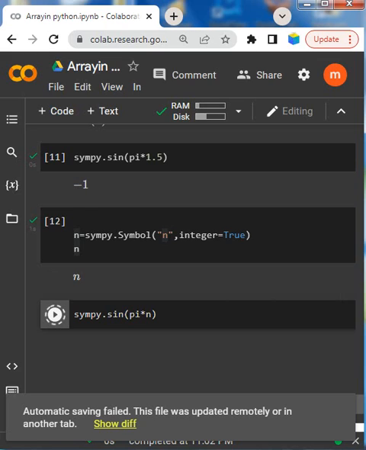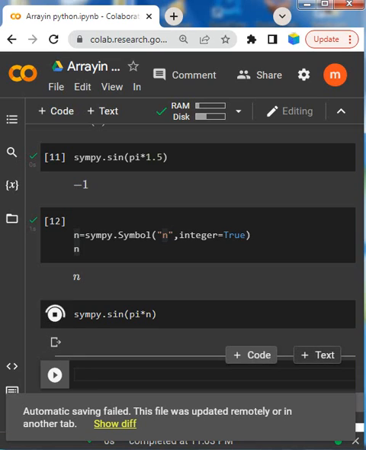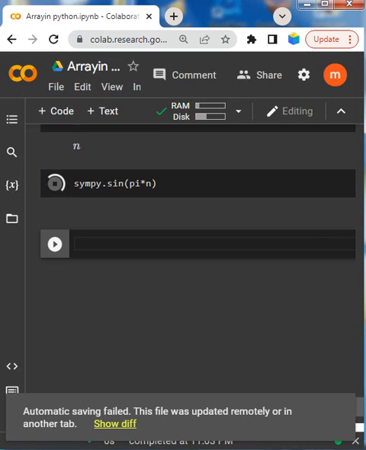So the third type of function in Sympy is lambda functions. So let's see how to write a lambda function. I am going to create the lambda function here, with n as a variable and sympy.Lambda.